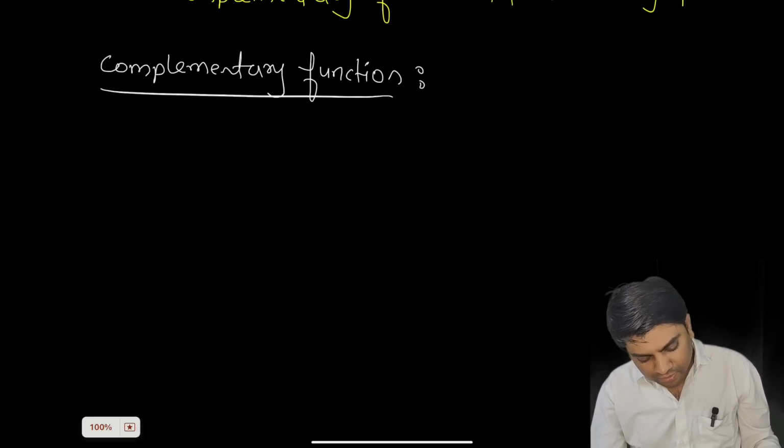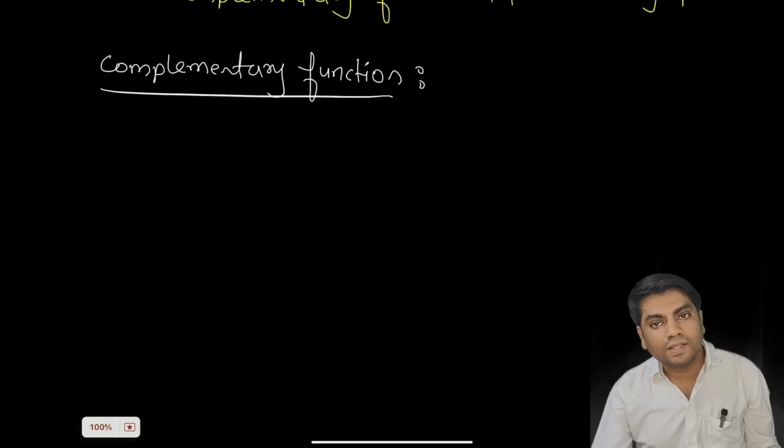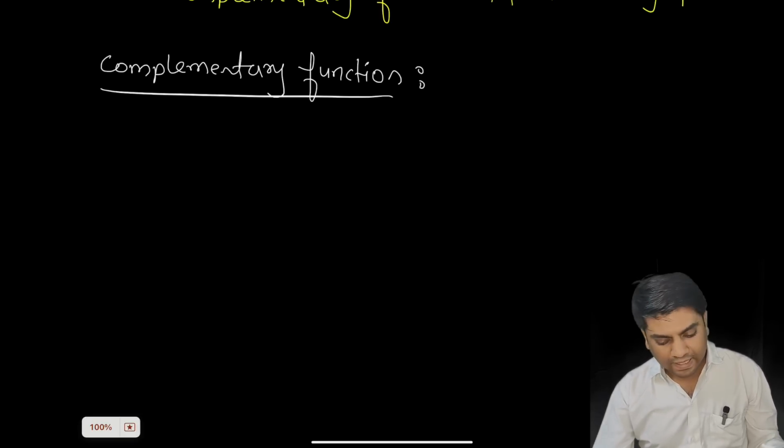Okay, so the complementary function of f(D)y = X is obtained by solving its equation, that is the auxiliary equation.